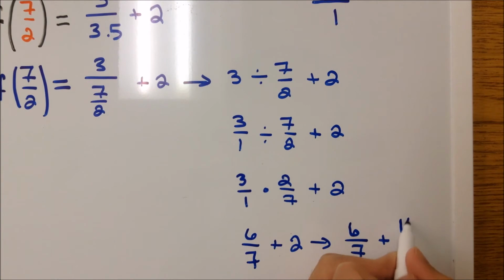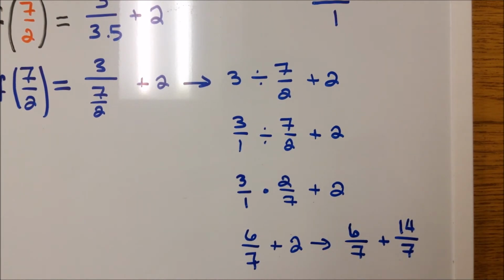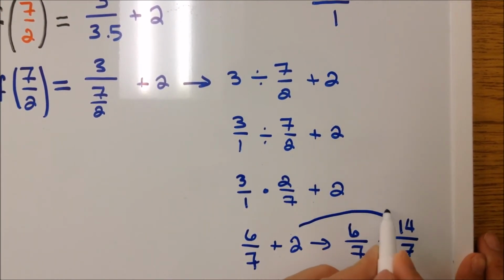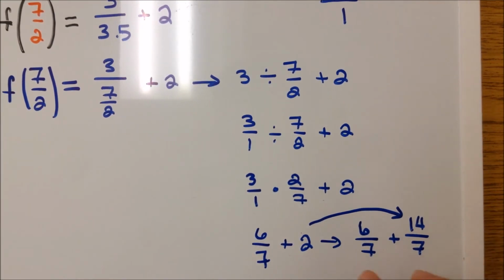So I'm going to write 14 on the top with a denominator of 7. What's 14 divided by 7? That's 2. Well, here it is. Draw the arrow here saying that 2 is the same as 14 over 7. Fraction form, whole number. So let me bring that work over here.